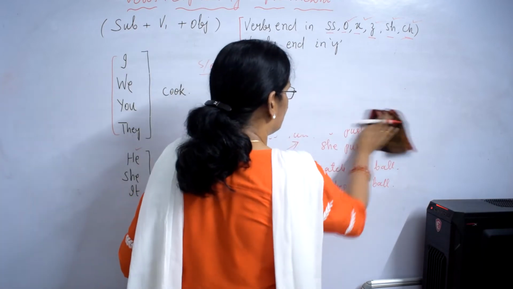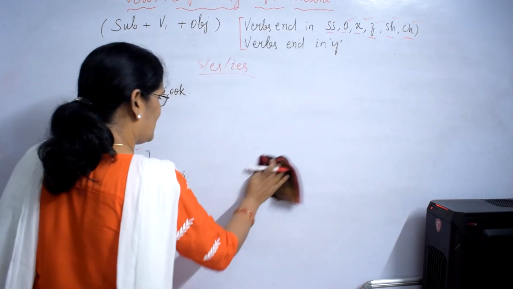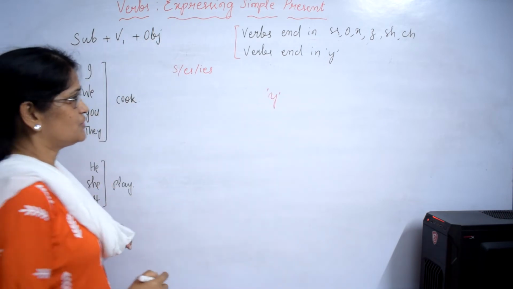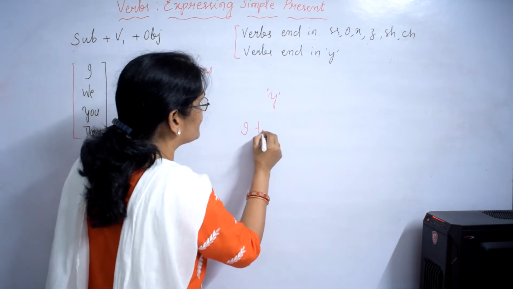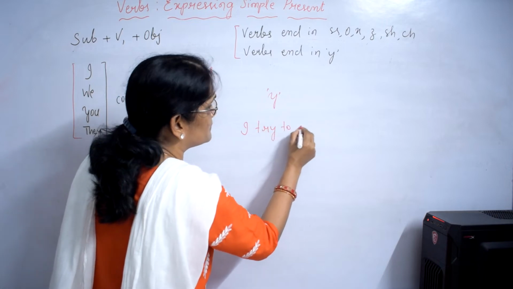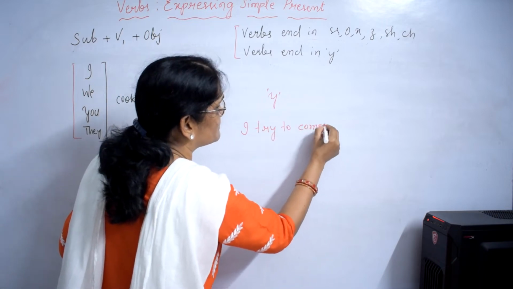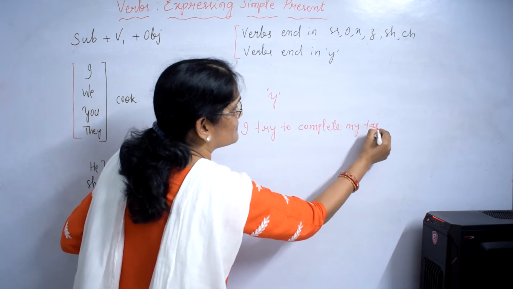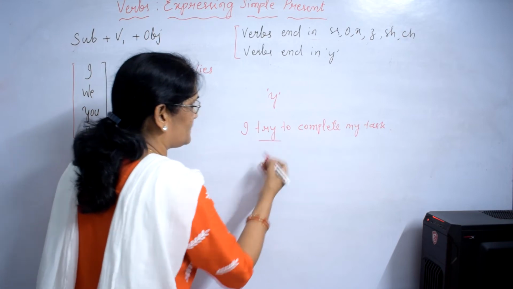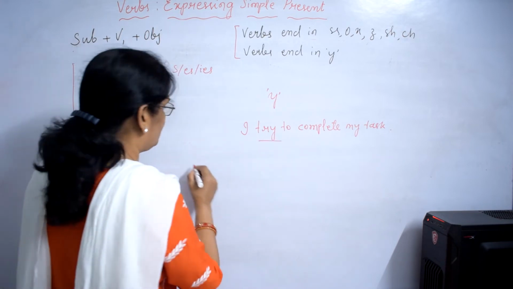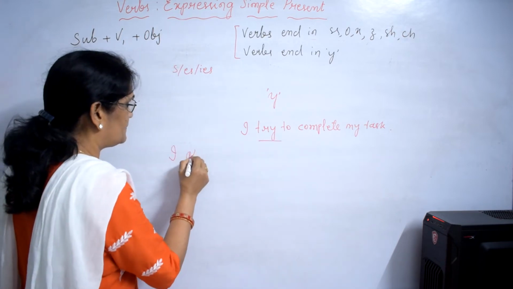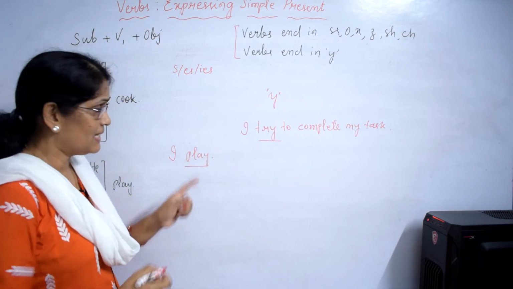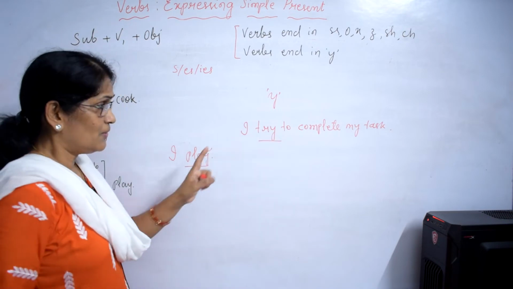If a verb ends in y, suppose I try to complete my task. Here, try. Another, I play. See, two verbs, play and try, end in y.